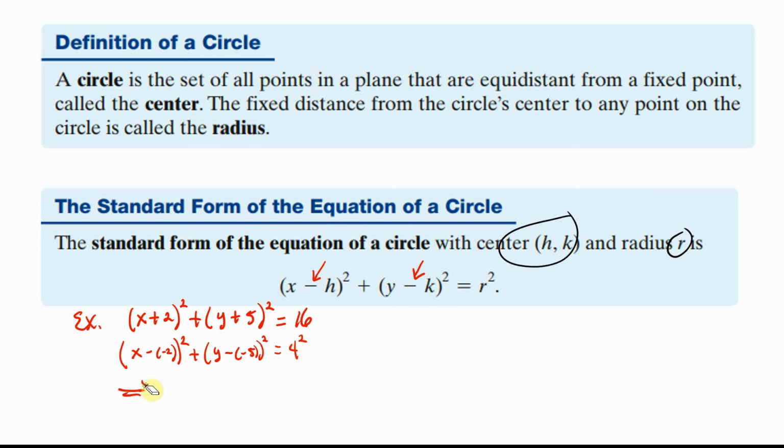And so this implies that the center is negative 2 comma negative 5 and the radius is 4.